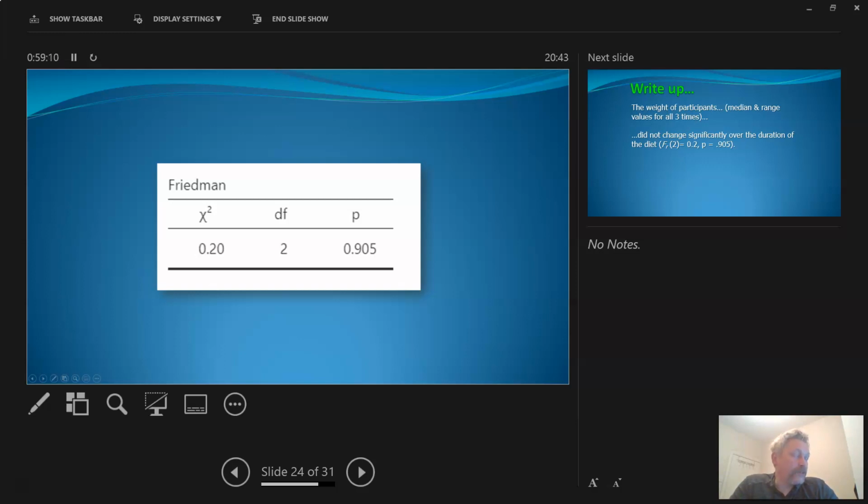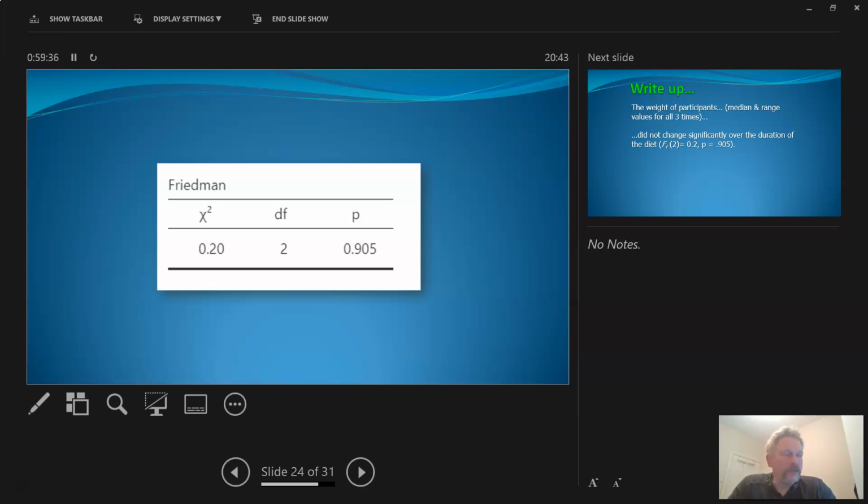Essentially this is going to be the chi-square statistic. We have 2 degrees of freedom because we had 3 conditions overall. If we're going to start comparing the conditions to the population, then one of those wouldn't be free to vary, so that only gives us 2 degrees of freedom.